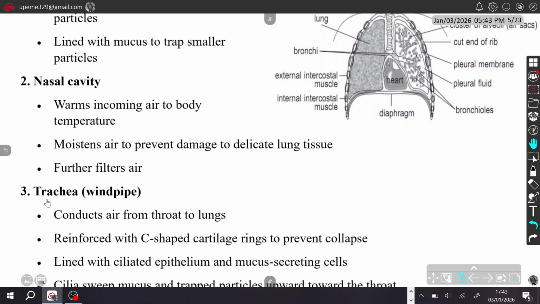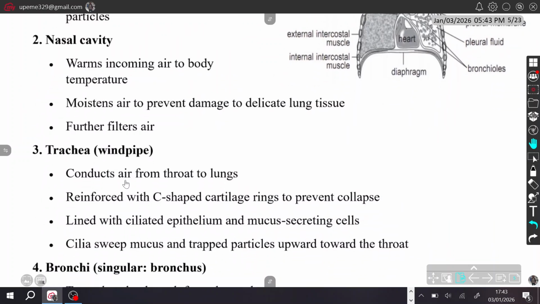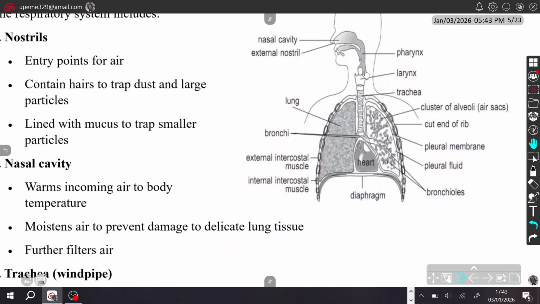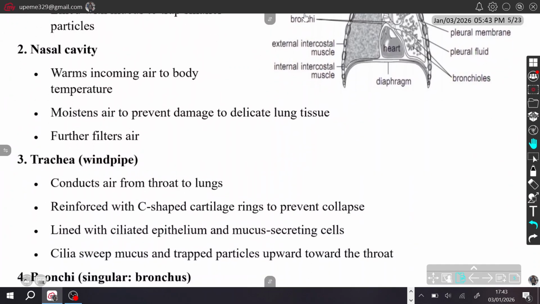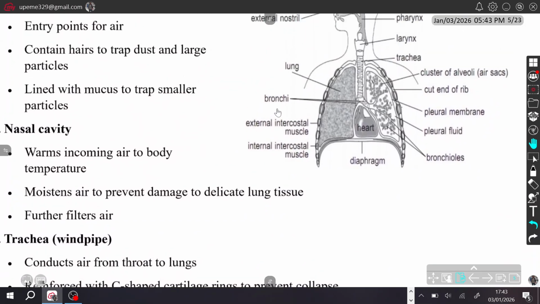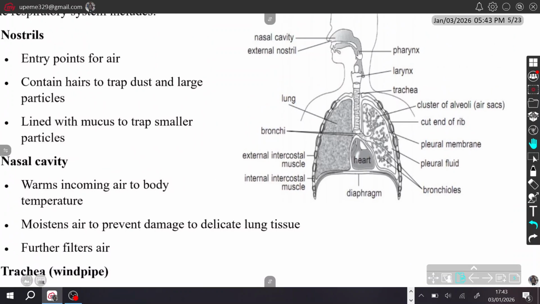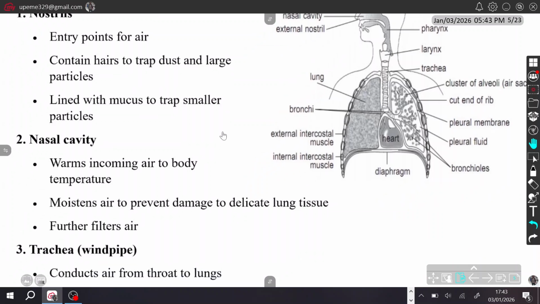The trachea conducts air from the throat to the lungs. So from the throat, it helps to move the air to the lungs.